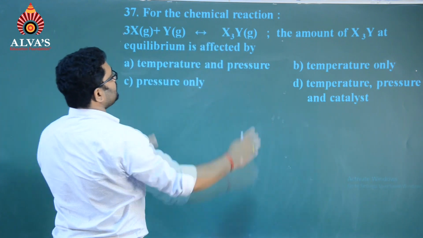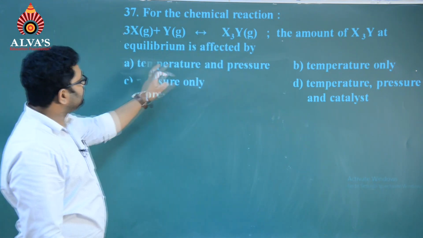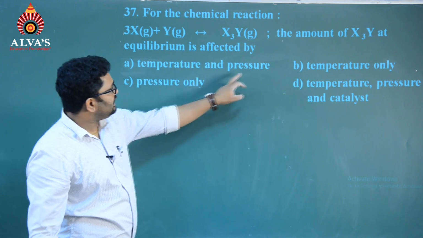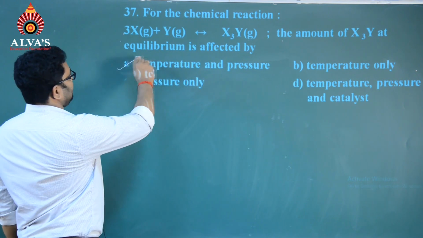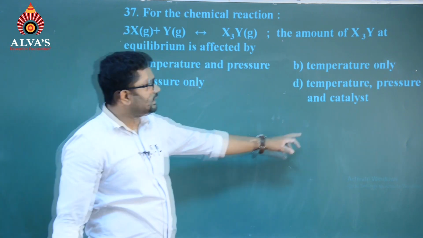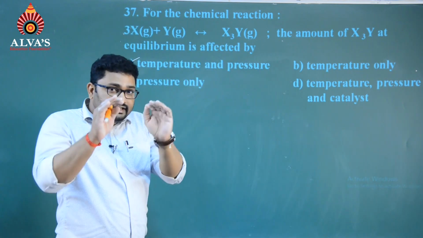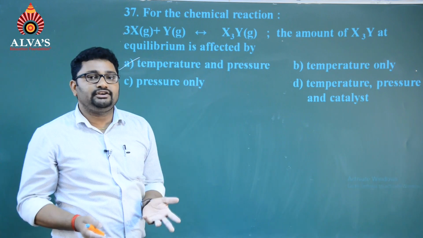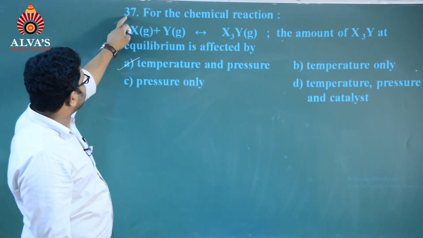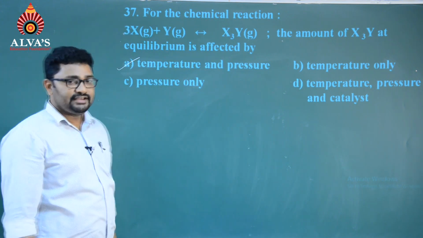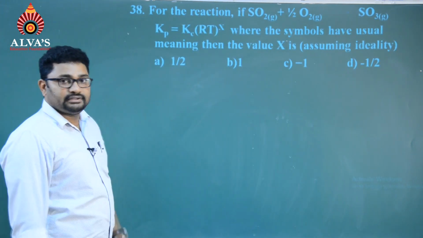Hence, more and more products are formed. So there are 2 things, temperature as well as pressure. Therefore, the answer for this one is A. But students, whatever catalyst we have, it decreases the time of attainment of equilibrium. Hence, for the 37th question, the answer is the first one. Students, question number 38.